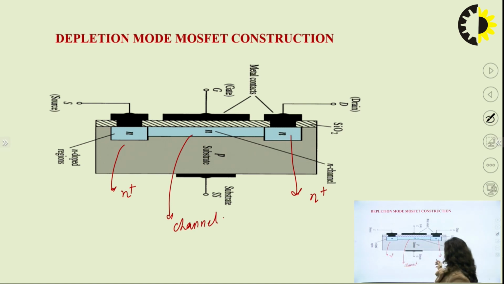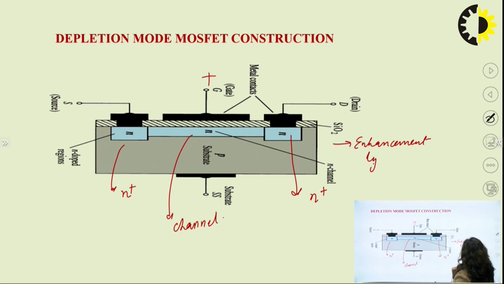The substrate is P type, so if we apply a positive voltage at the gate, the electrons will get attracted towards the positive voltage and form a channel between the source and the drain, creating the enhancement type of MOSFET. So for the enhancement type, we apply a positive voltage at the gate.